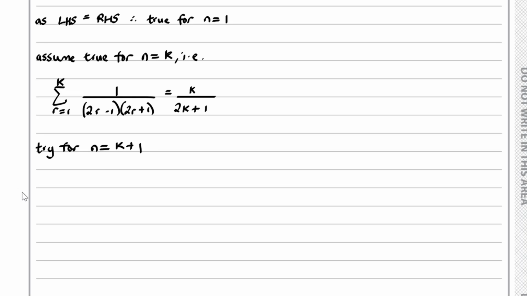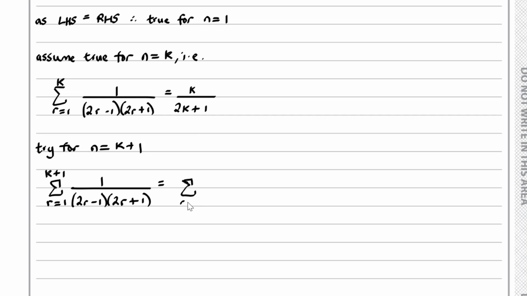So if we work this out, we have the sum from r equals 1 to r equals k plus 1 of 1 over 2r minus 1 lots of 2r plus 1. This here is equal to the sum from r equals 1 to r equals k. So let's just write that down.